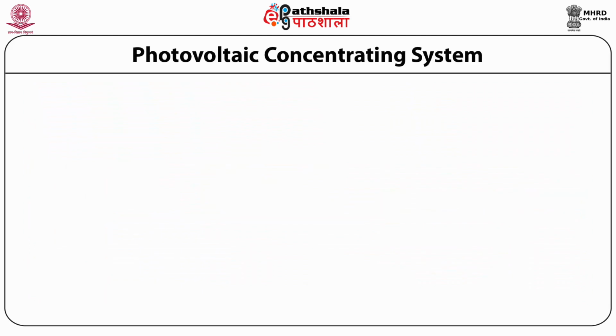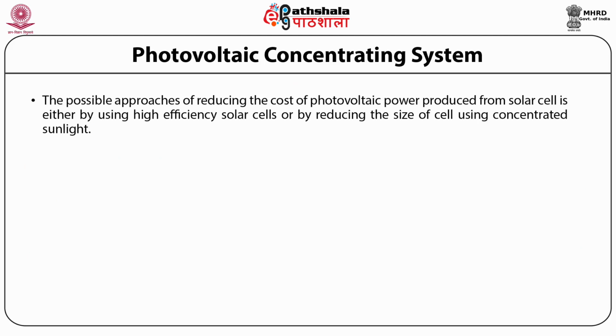Photovoltaic concentrating system. The possible approaches of reducing the cost of photovoltaic power, which is produced from the solar cell, is either by using a high efficiency solar cell or by reducing the size of the cell using concentrated sunlight.